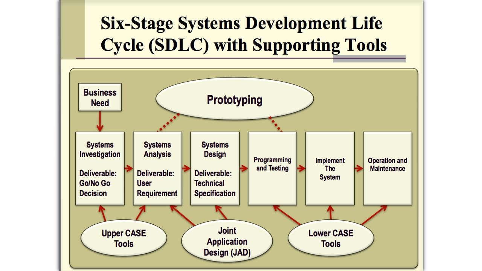Okay, this is looking at the SDLC process itself. You have the business need for the project. It goes into systems investigation, where you're deciding, are we going to invest in this or are we not? So you have what's called a go or no-go decision.